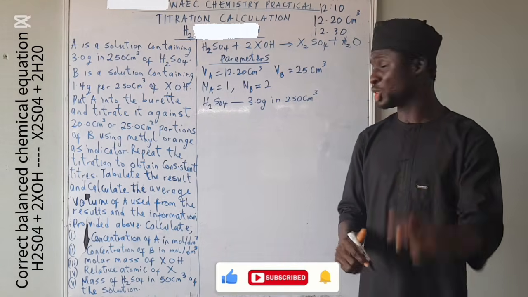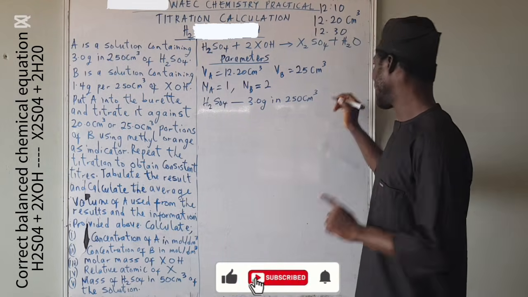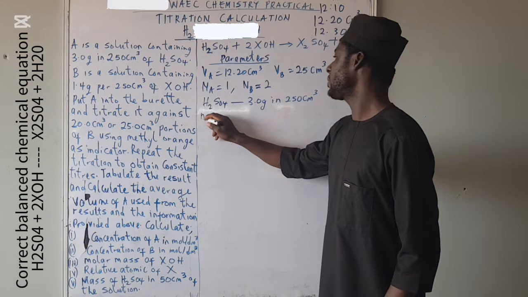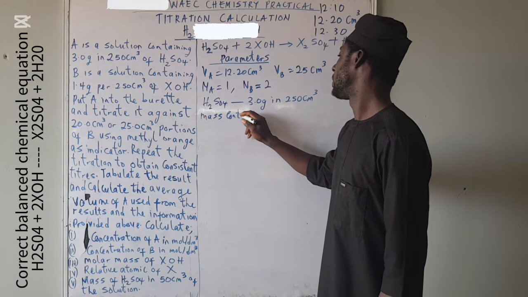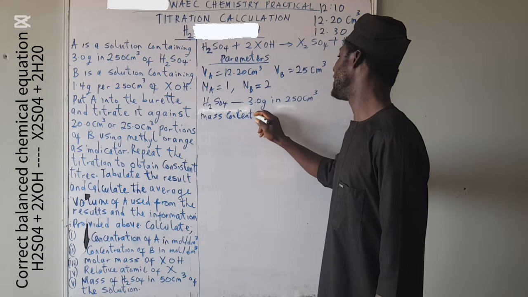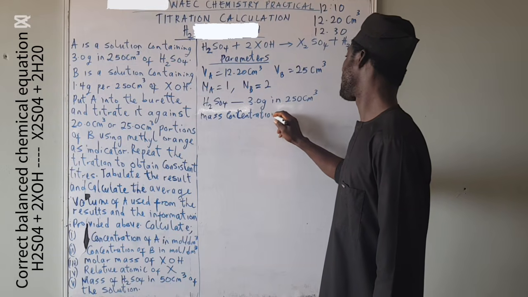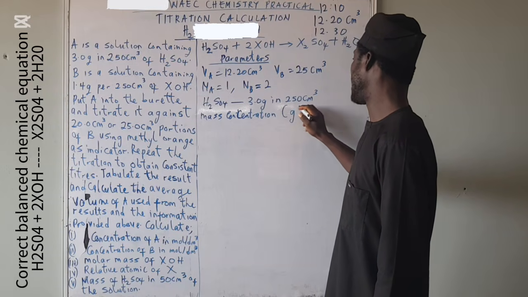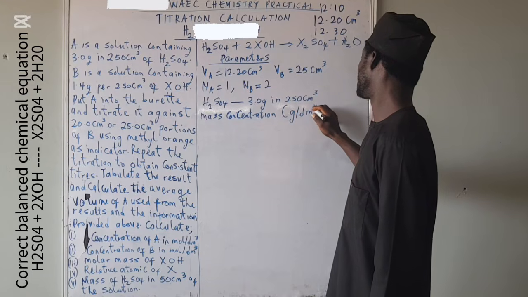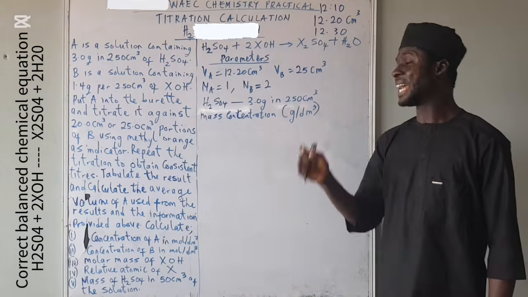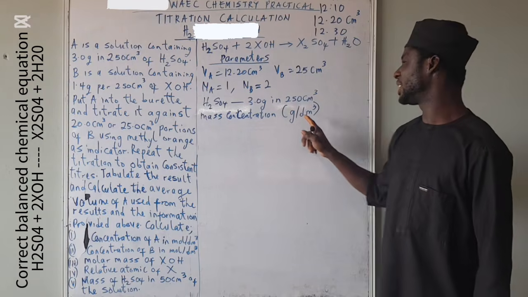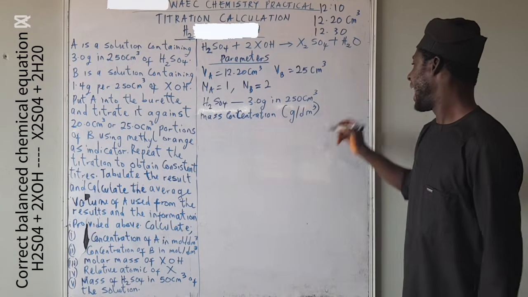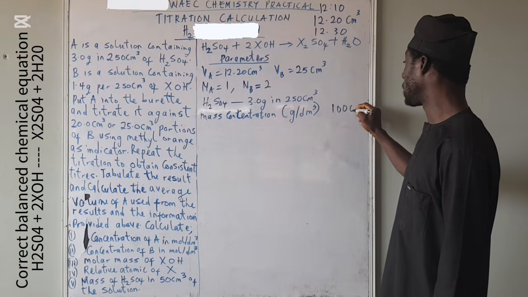And for your mass concentration, the unit is gram per dm3. Our mass concentration, the unit is what? Gram per dm3. What does it mean? The amount of mass of that substance that is dissolved in 1 dm3, and your 1 dm3 is 1000 cm3.